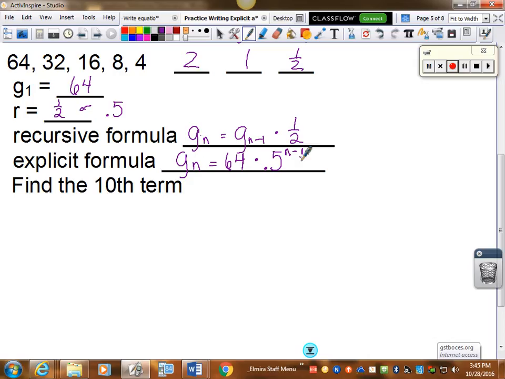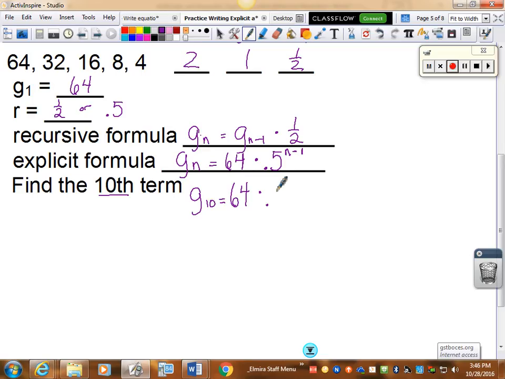Okay? 10th term, g sub 10 equals 64 times 0.5 to the 10 minus 1 power. Again, do not do the 10 minus 1 in your head and write a 9. Reinforce the correct structure of the formula. And this one comes out 0.125.